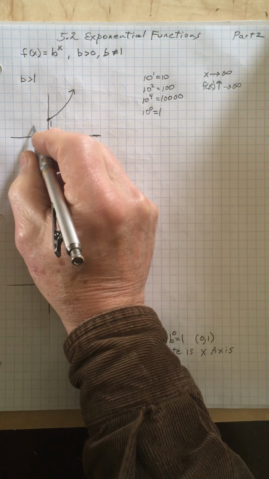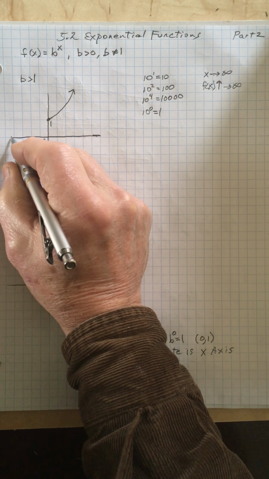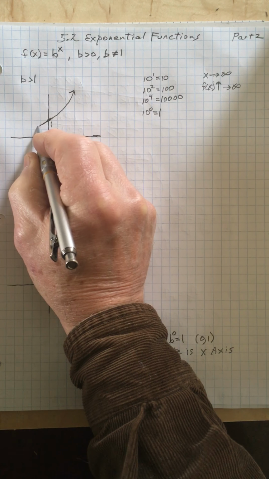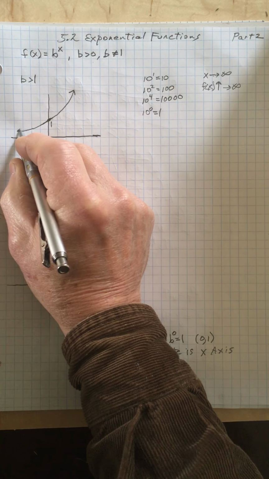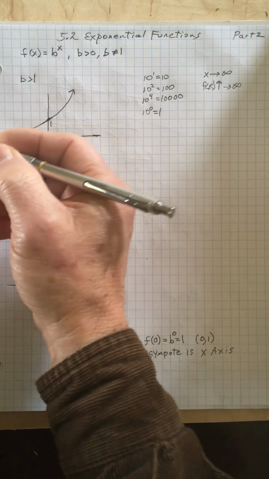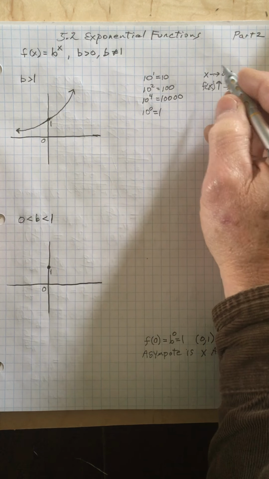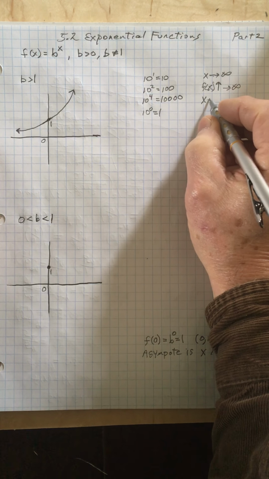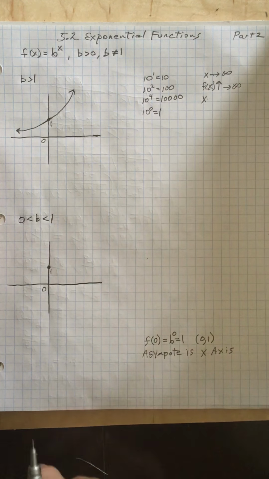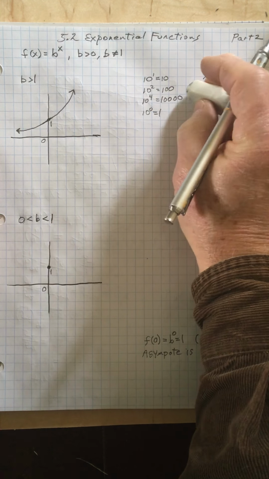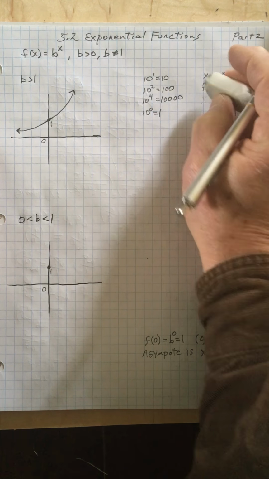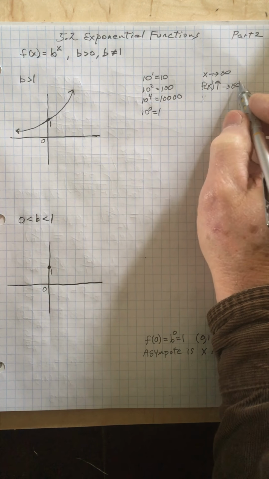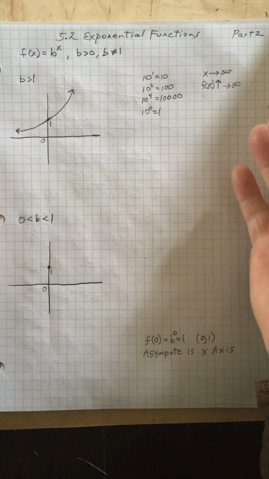The curve has to continue this way, and it has to get close to the x-axis but never touch it. Okay, so again, x goes to infinity, the function goes to infinity.